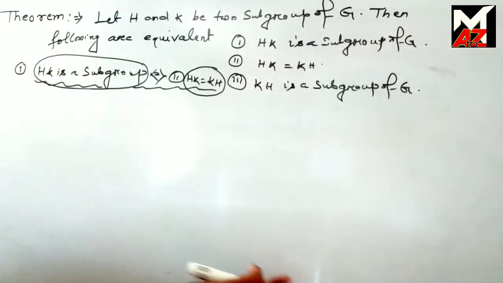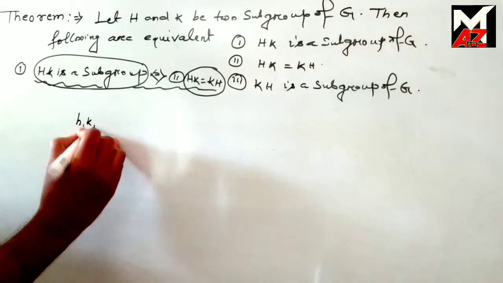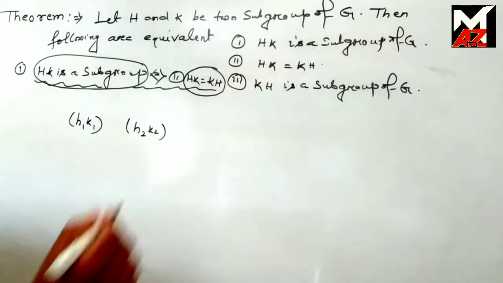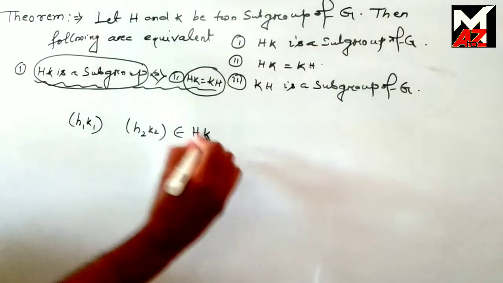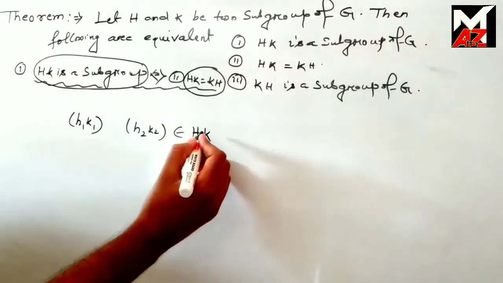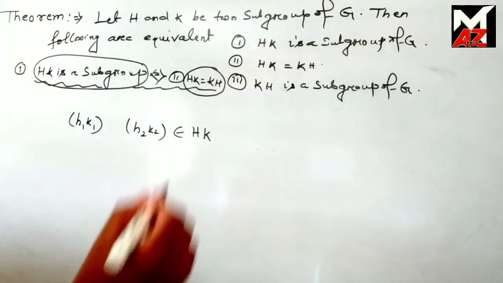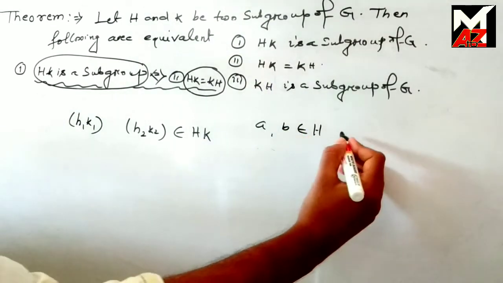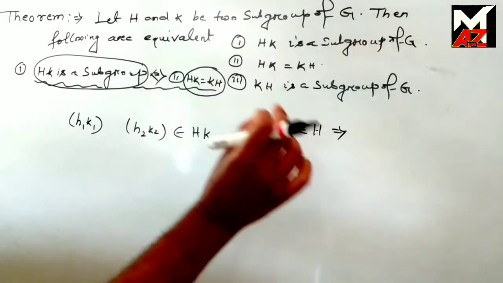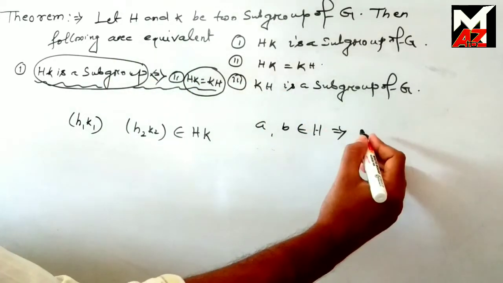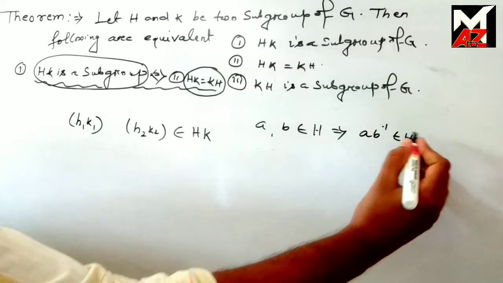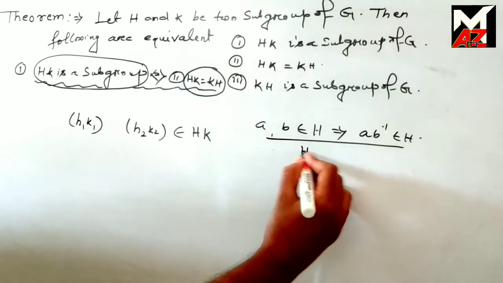Here we first let H1 K1 and H2 K2, two elements belonging to HK. From the property of subgroup we know that if A, B belong to a subset H, then if we can show A B inverse belongs to H, then we say that H is a subgroup.